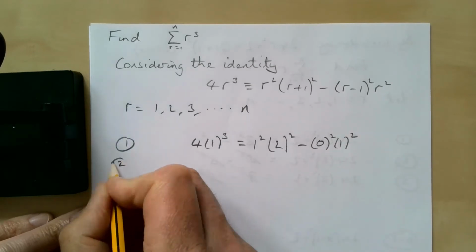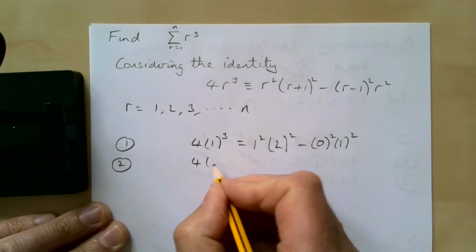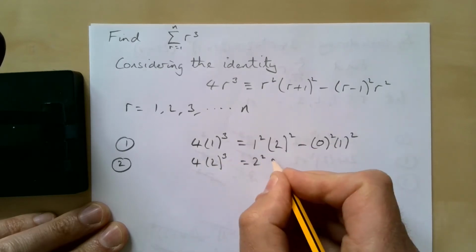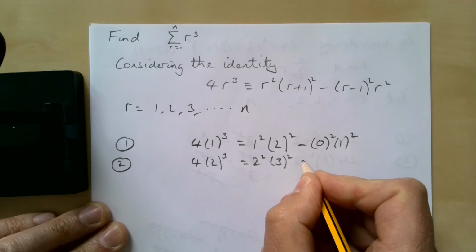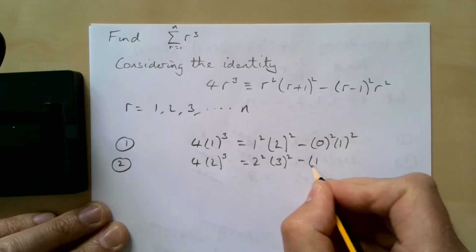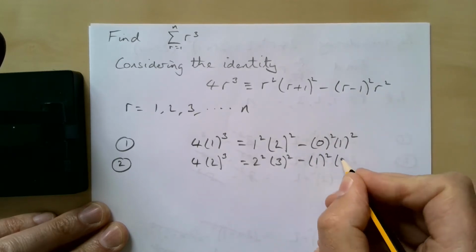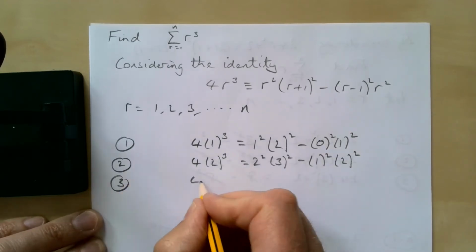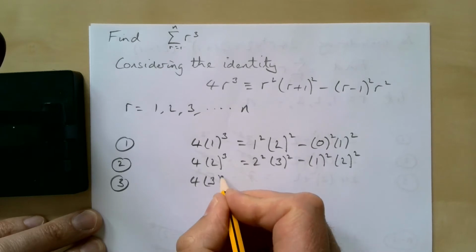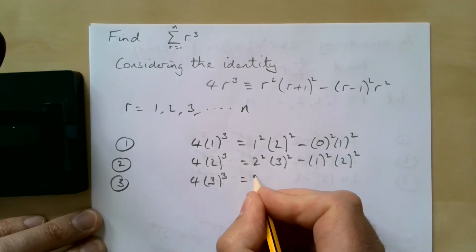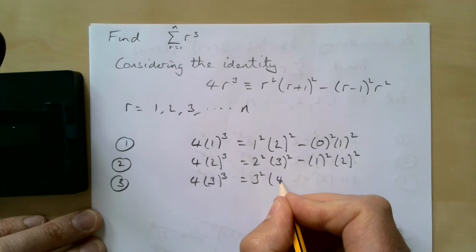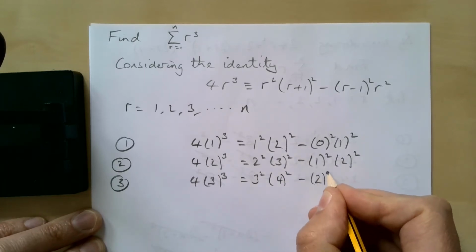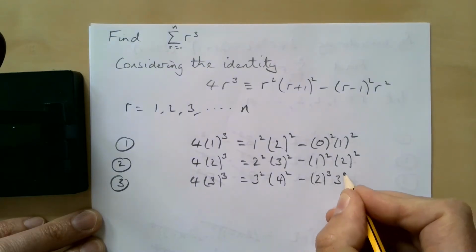If I sub in the number 2, 4 upon 2 cubed equals 2 squared upon 3 squared, take away 2 minus 1, which is 1 squared, over 2 squared. Sub in the number 3, 4 upon 3 cubed equals 3 squared upon 4 squared, take away 2 squared upon 3 squared.